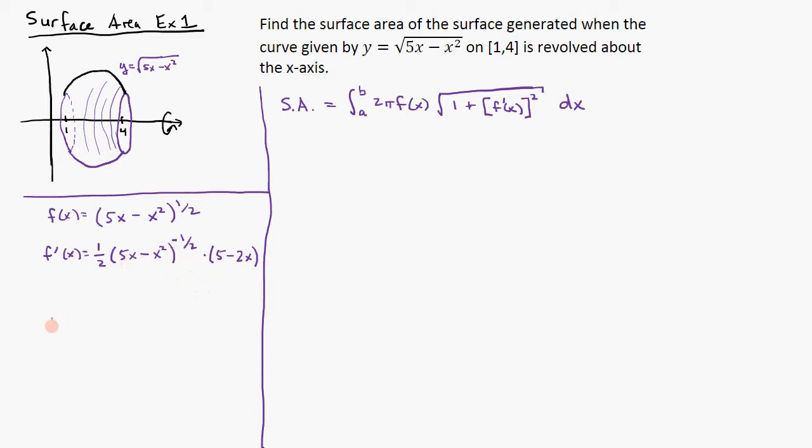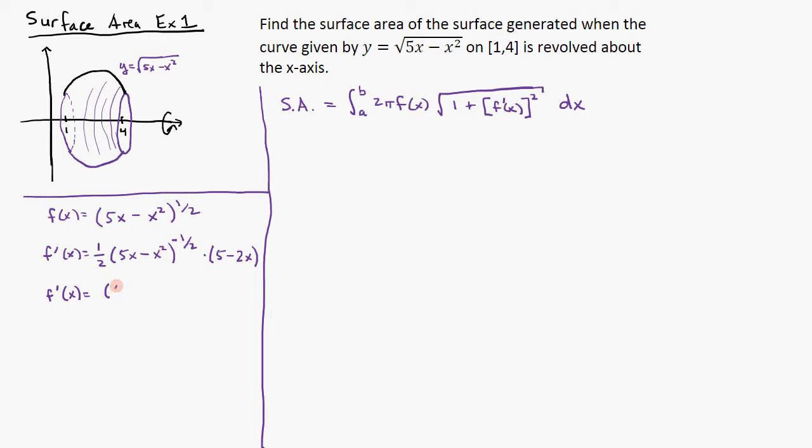So now let's rewrite this expression into an easier to see form. So f prime of x: this goes in the numerator, and this part goes in the denominator because the exponent is negative.